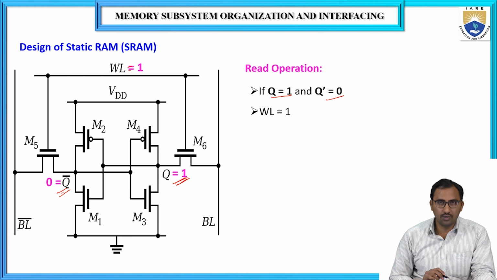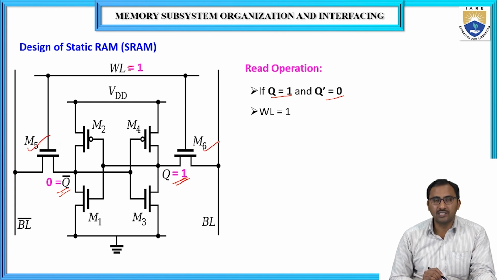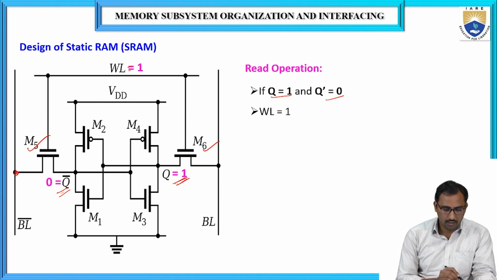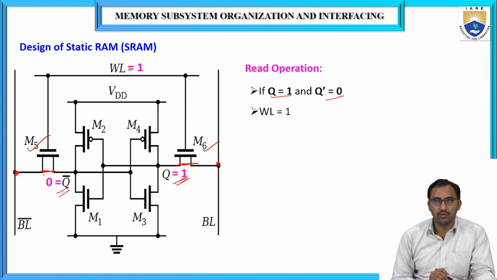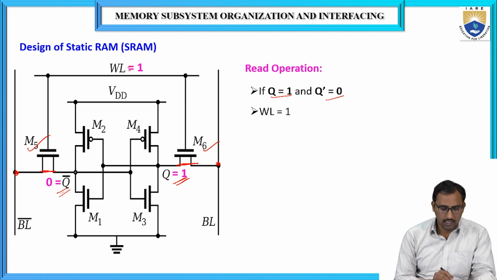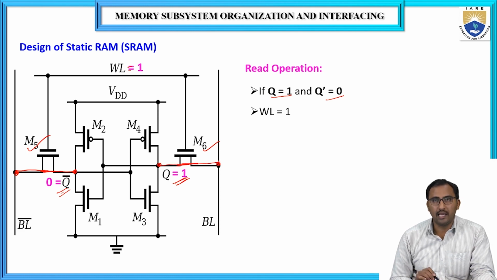So when WL is equal to 1, the M5 and M6 transistors will be turned on. Then the BL bar and BL lines will be connected to the memory. That means M6 and M5 will act as a short circuit, a closed switch, so that Q bar will be connected to BL bar and Q will be connected to the BL line.